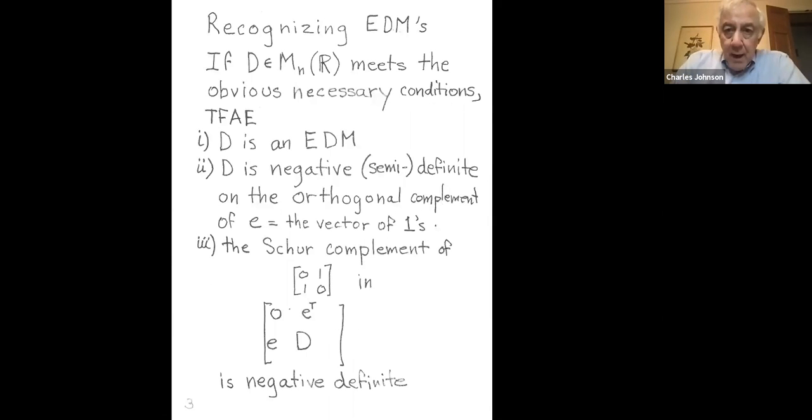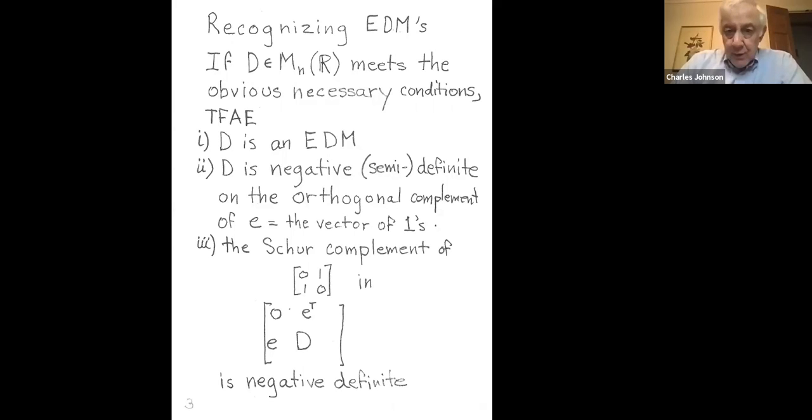So if you hand me a full matrix, how do I recognize if it's a Euclidean distance matrix? So first of all, it has to meet the obvious necessary conditions I mentioned. But then in addition, one criterion that can be used is a quadratic form of the matrix D on the orthogonal complement of the vector of ones, which I'll refer to as E. Now, there's a choice here.